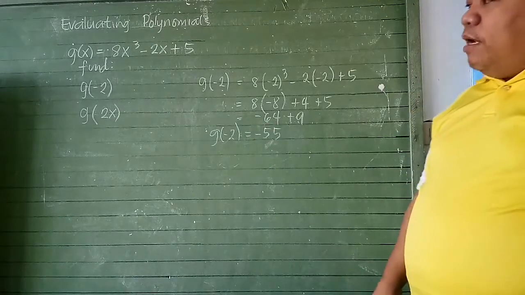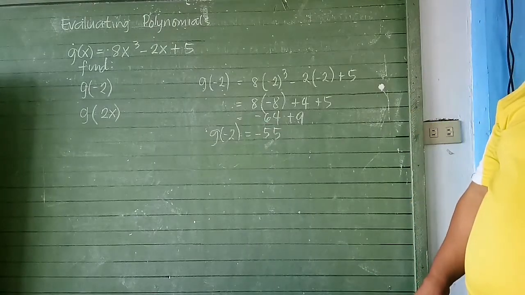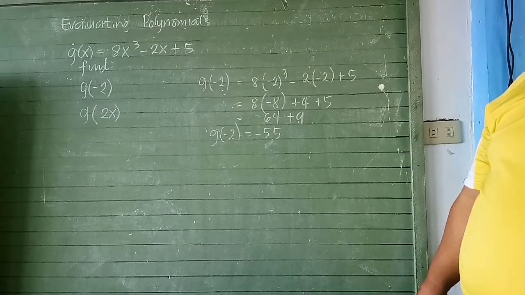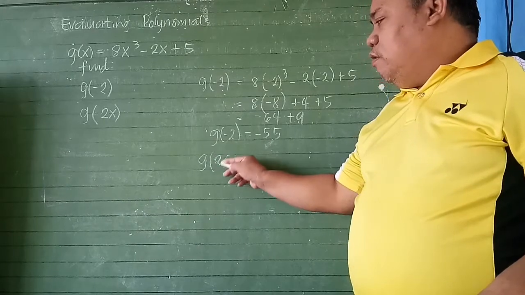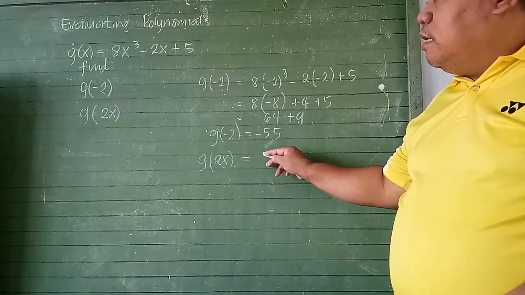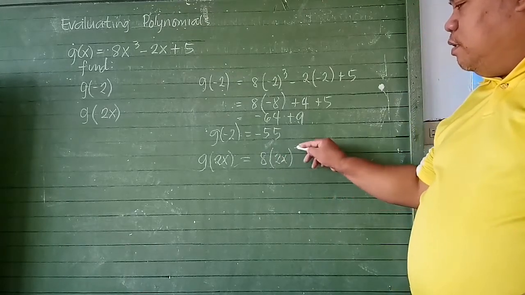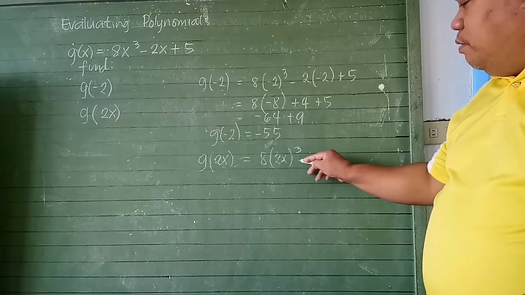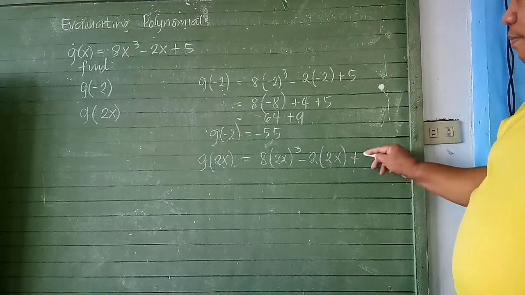Now, what about the other one, the value of g of 2x. So this is 8 times 2x cubed, minus 2 times 2x, plus 5.